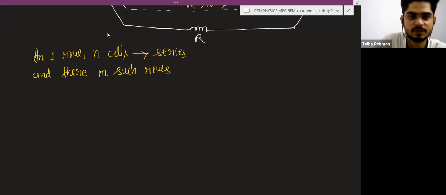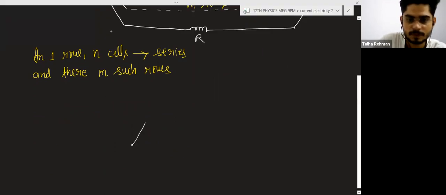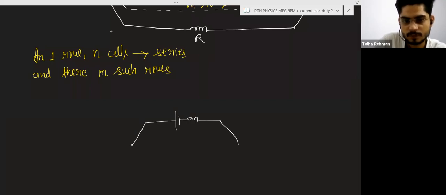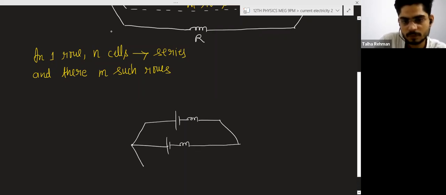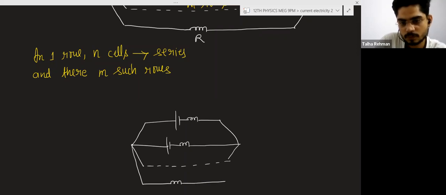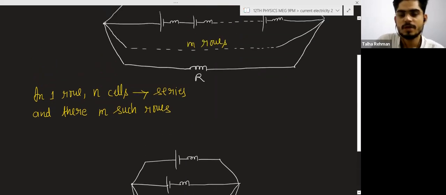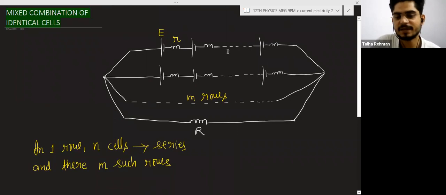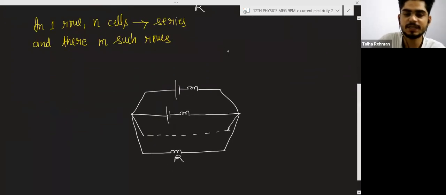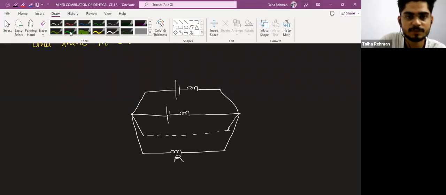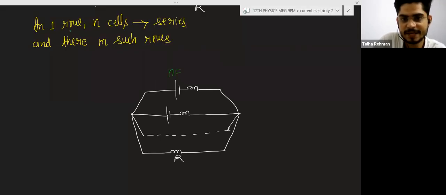Here n cells are connected in series. The total equivalent EMF will be n times E. You will add E n times.